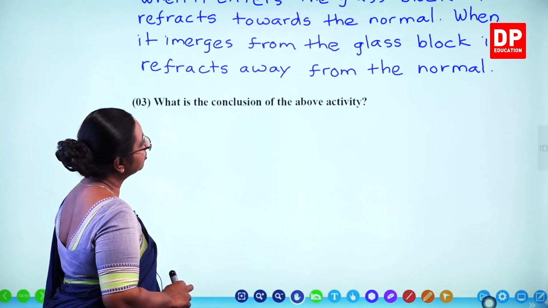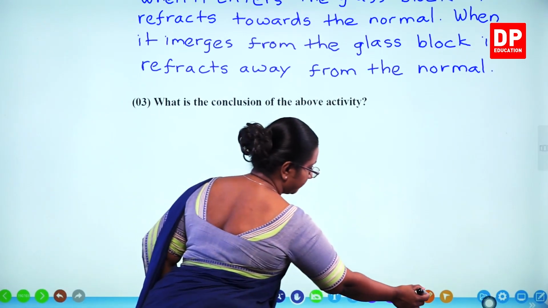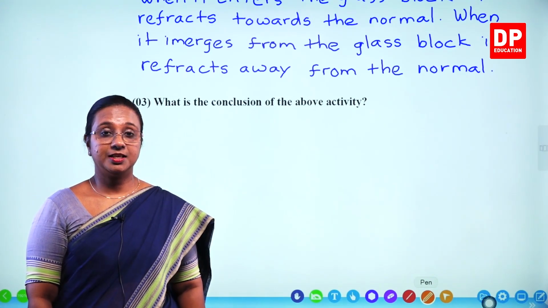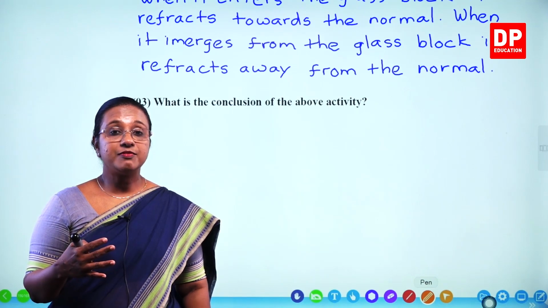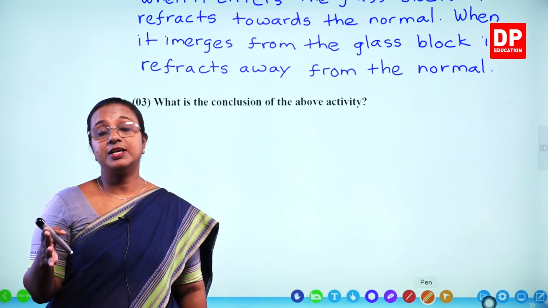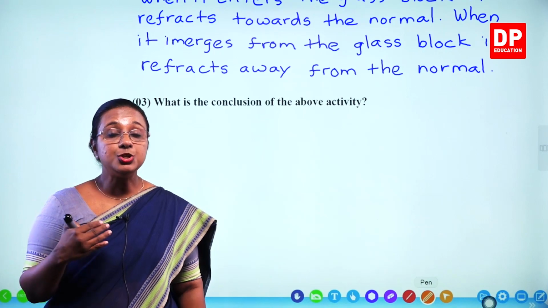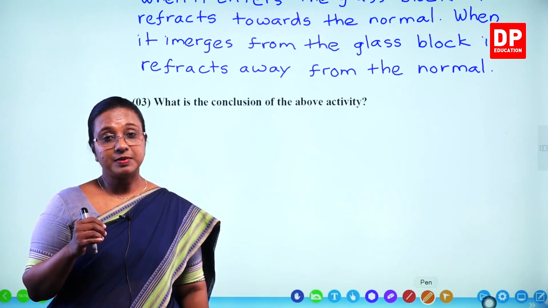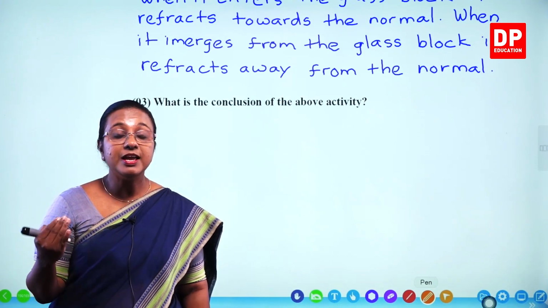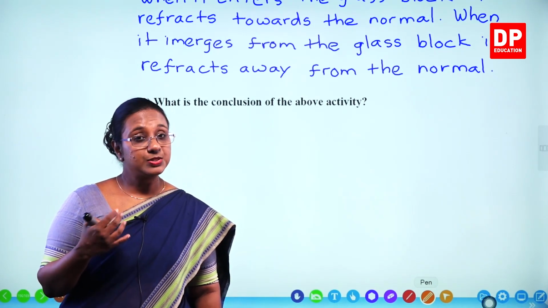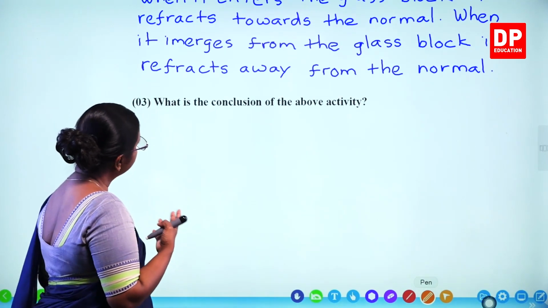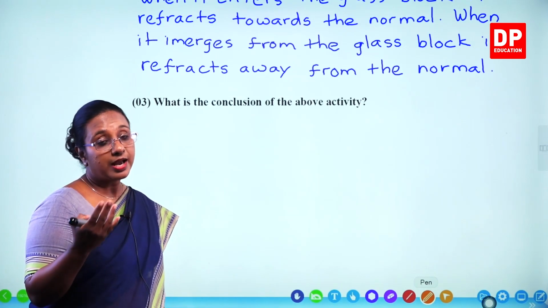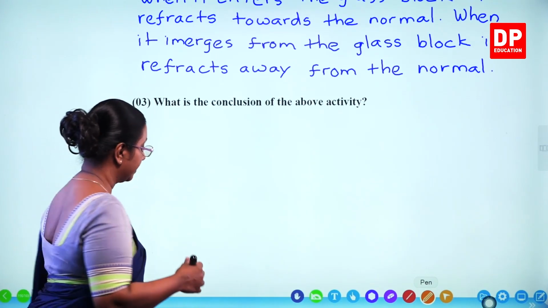What is the conclusion of the above activity? So what can we conclude from the above activity? When light rays travel from a rare medium into a denser medium, they bend towards the normal. From a denser medium into a rarer medium, they bend away from the normal. That is what you can conclude. And also we know that there is refraction taking place. You can also include that.